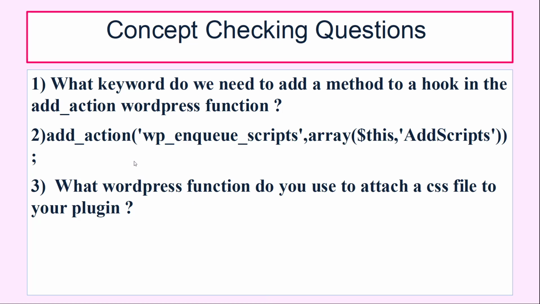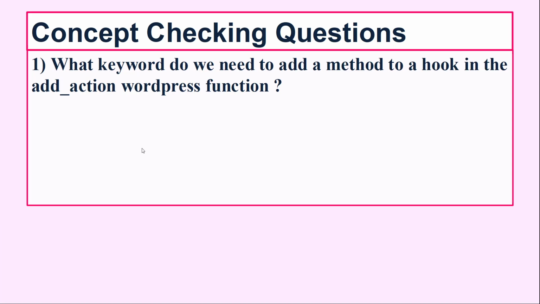Let's look at the answer. The key word that we need to add a method to a hook is that we need to make sure that we put it in an array in OOP. So remember, for that add_action WordPress function, the first value is the hook, which is where you attach your code to in the WordPress process.